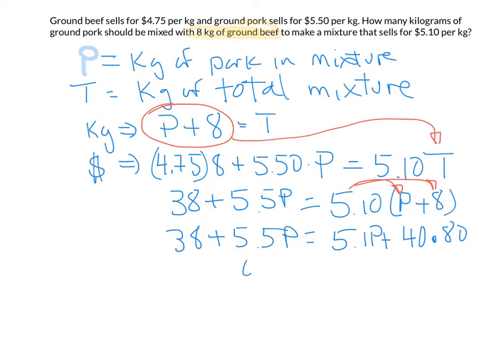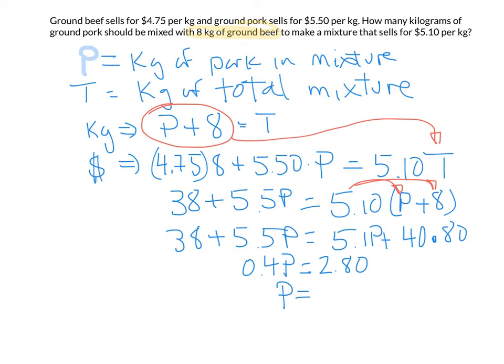And subtracting 38 from each side, I don't really have room to write all of this, so just follow along. So subtracting 38 from both sides is going to give us $2.80. And so 0.4p is going to be $2.80. So we're going to divide each side by 0.4. So that's 2.8 divided by 0.4, and that's going to give us 7.